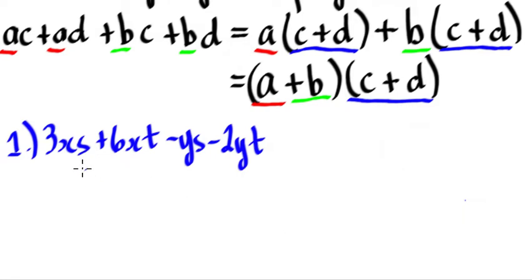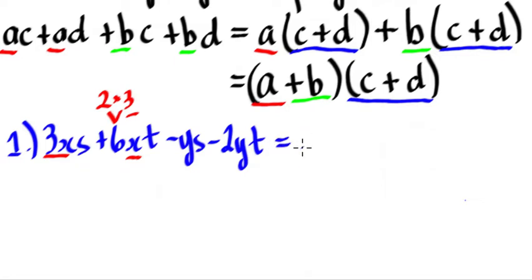We can see in the first two terms that we have a common factor of 3x. Actually, this 6 is 2 times 3, so we also have a 3x over there. What we're going to do is take out that 3x.